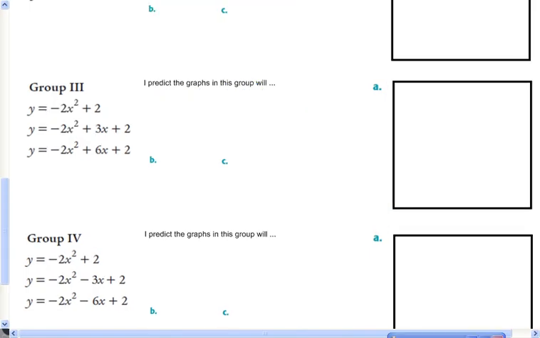Let's do one more group of equations. So we're going to skip down here to group 3. Again, we're going to try and predict what's going to be the same about them. And you should remember what this negative does. Remember in that one graph we did in class, that flipped it upside down. So I'm going to predict that the graphs are going to be upside down parabolas, parabolas with a maximum.